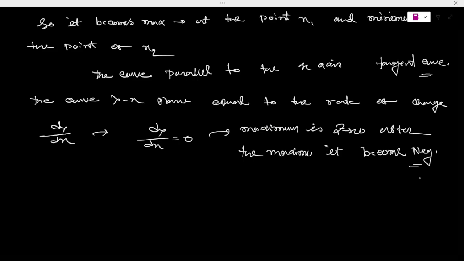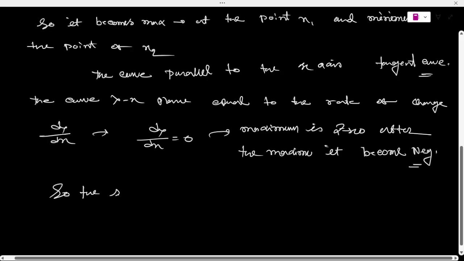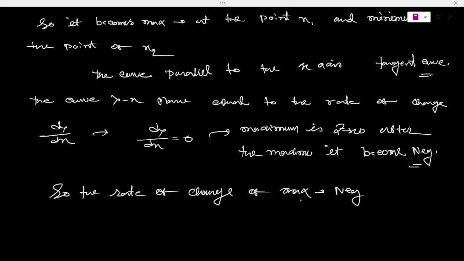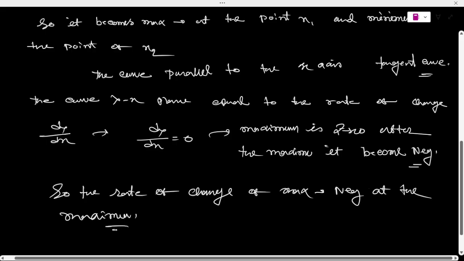So the rate of change of dy by dx is negative at the maximum. Okay, so it is negative at the maximum.